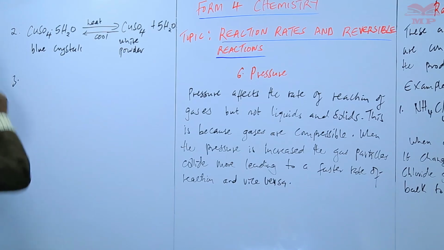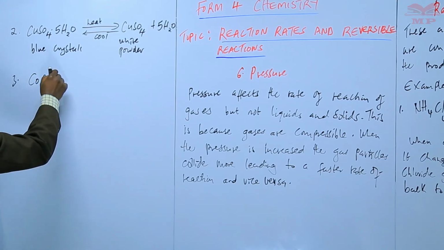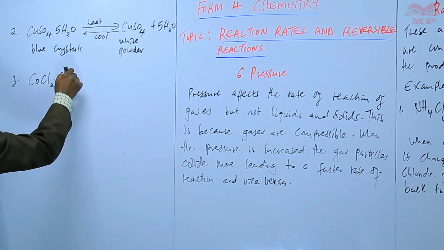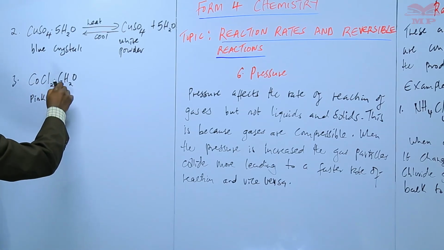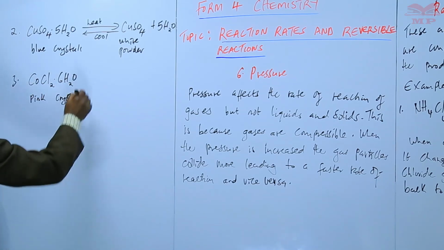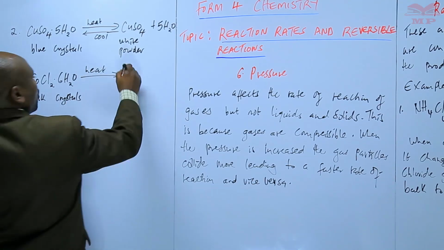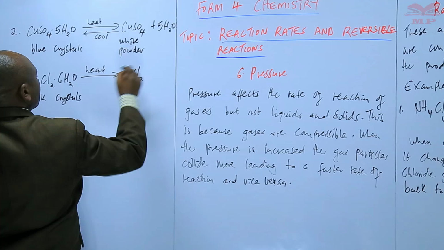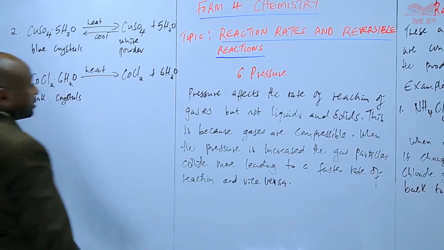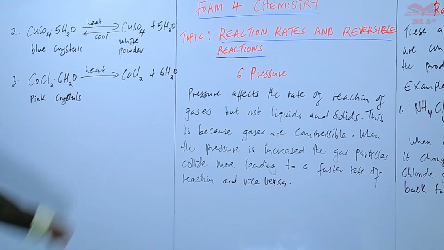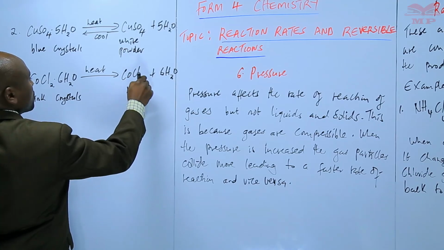Another example is if you have cobalt 2 chloride, also in crystals. These are pink crystals, and when you heat, you get cobalt 2 chloride plus 6 H2O. That is, the 6 molecules of water are lost, and the color changes to blue.